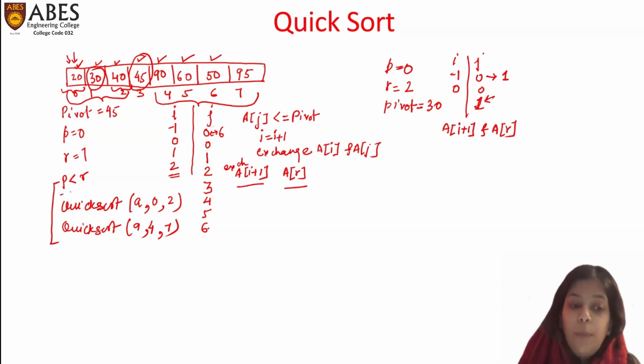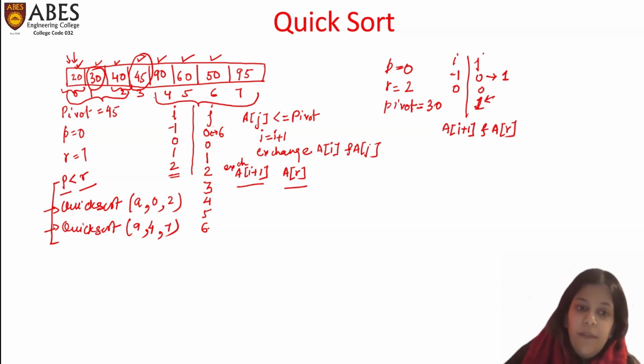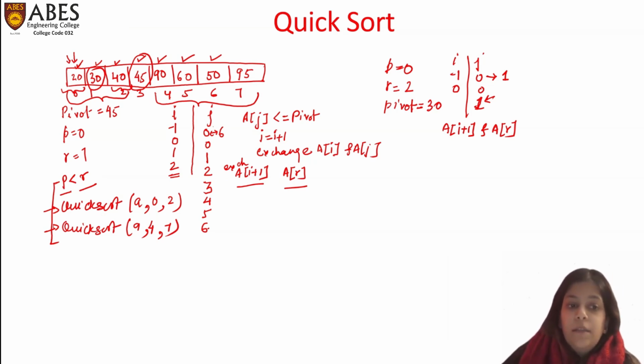If the value of the lower bound is less than the value of the upper bound, only in that case are we going to recursively call the quicksort algorithm for the left and right halves, right? So in a similar way, you can see that the right part can also be sorted.